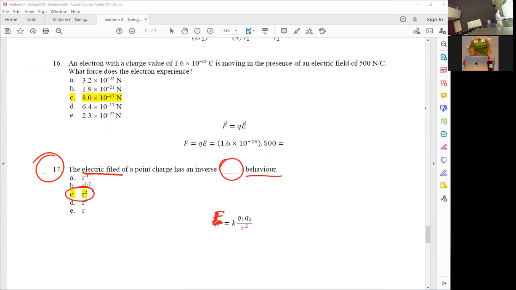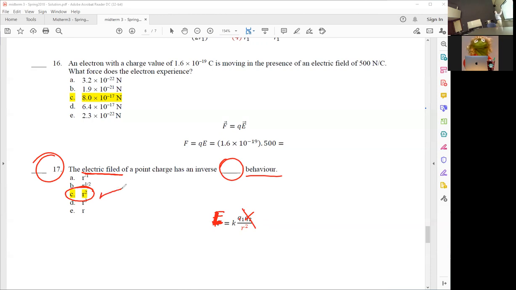That's a typo. Instead of two charges, remember for electric field, we only need one charge. So just remove one charge, and we're dealing with one charge generating an electric field at any given point in space. But still the variation has an inverse r squared behavior. Right, so that's question 17.